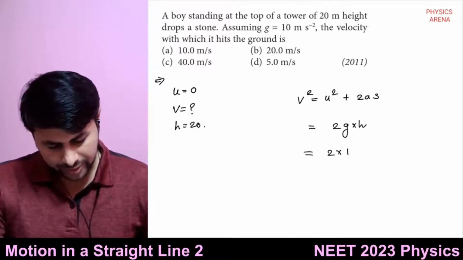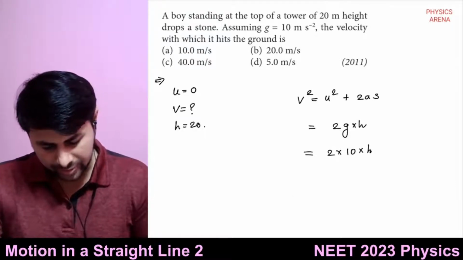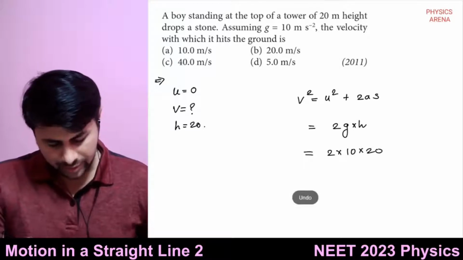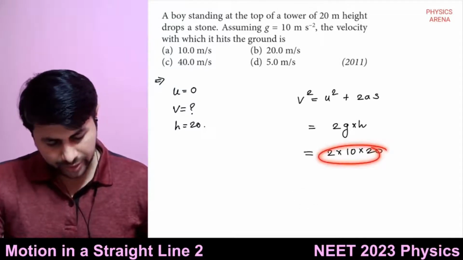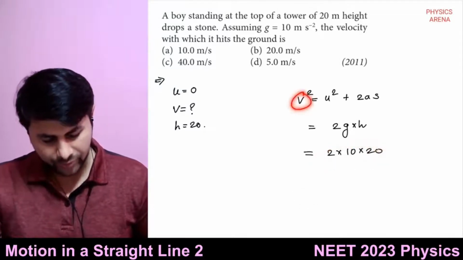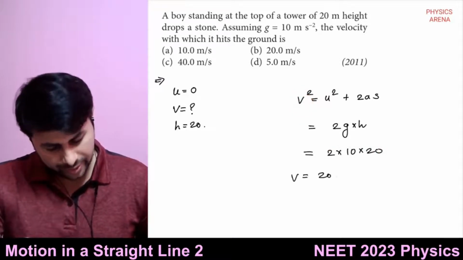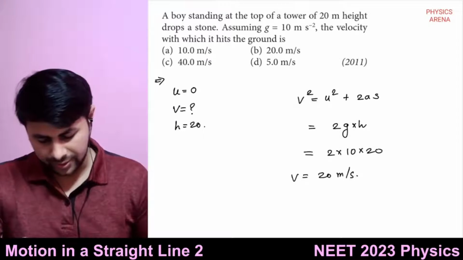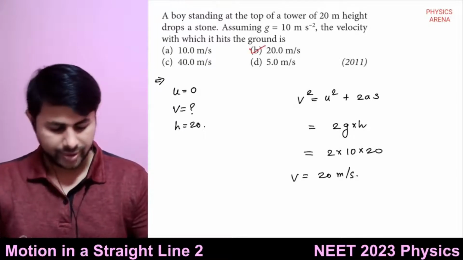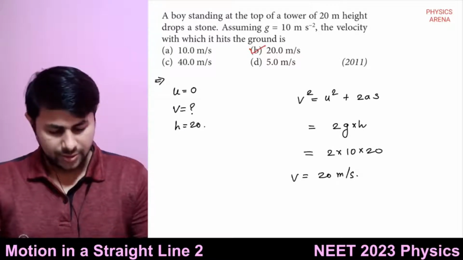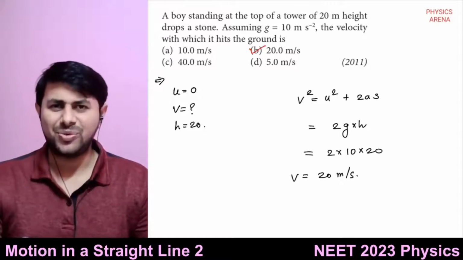So 2 multiplied by 10 multiplied by h is how much? It is 20. So this is 400, and I want v only. This is v square, so I will take the square root. It is 20 meters per second. This is the answer. Option B. Right. So simple. This is a neat problem.